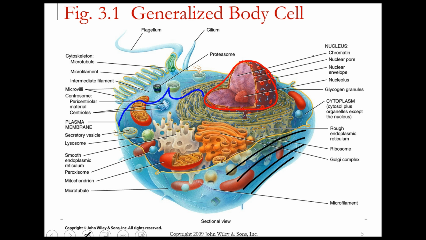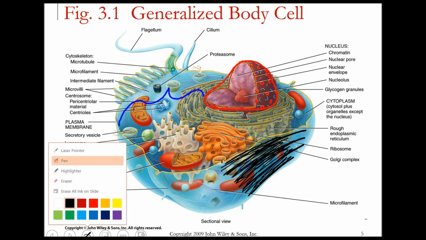So here's our generalized body cell. You can see that on the surface we do have this plasma membrane. So we have the plasma membrane out here on the surface. It's going to separate what is inside the cell from what is outside of the cell. We have all of the material in between.